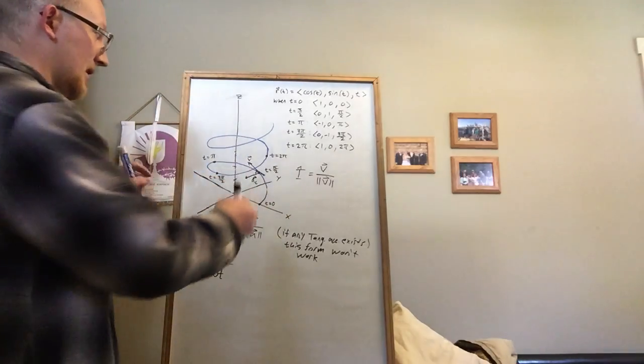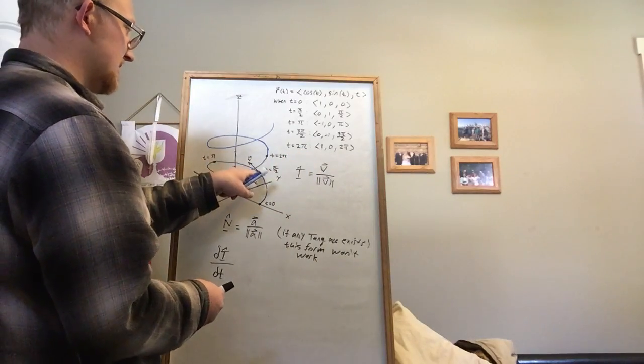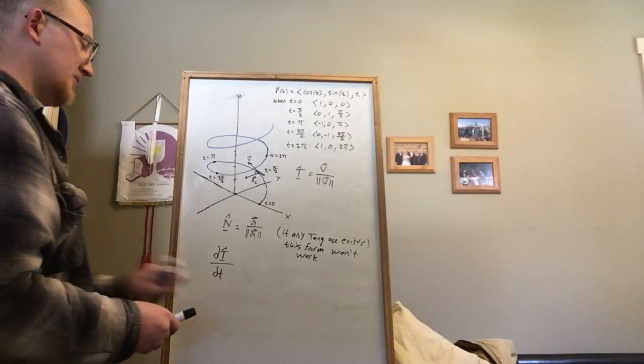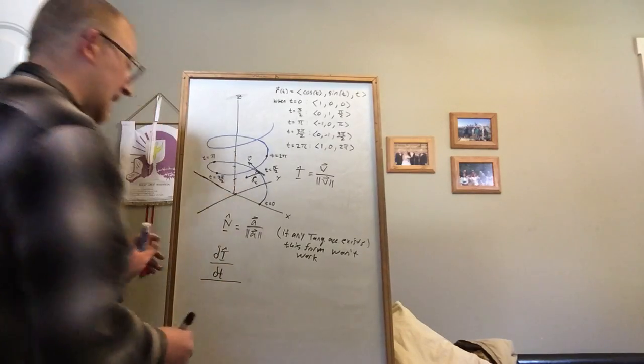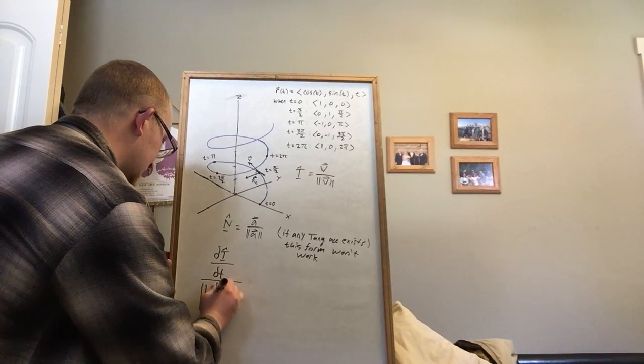So the acceleration that's pointing towards the center, and we're going to be excluding any tangential acceleration that may exist by using this. And so to make it a unit vector, though, we have to divide it by its magnitude.